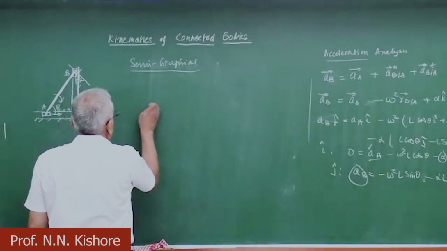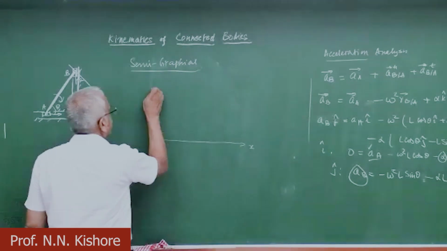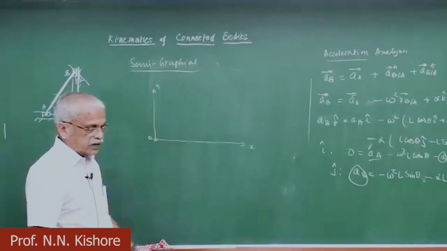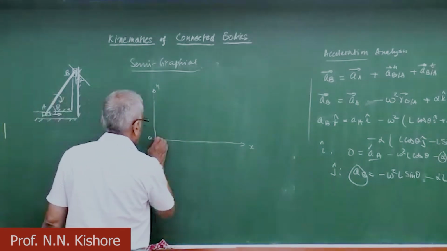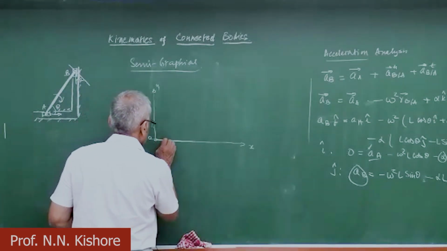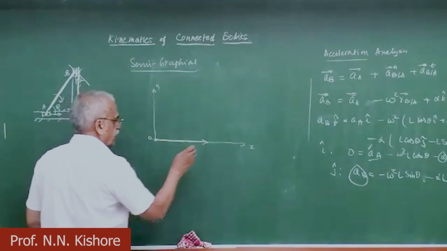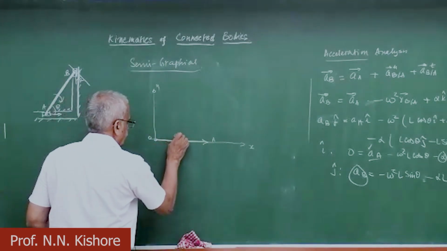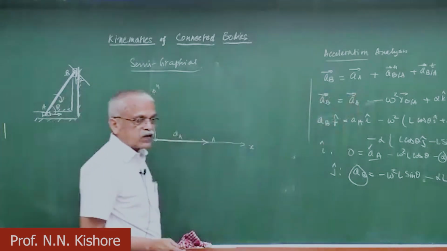So here quickly, we have X and Y axis here, and this is the origin, and anything measured from origin gives you the acceleration here as well as the direction. So here we know the acceleration of A, this is acceleration of A, let us say, call it A here, and then to that we have to add the normal acceleration.